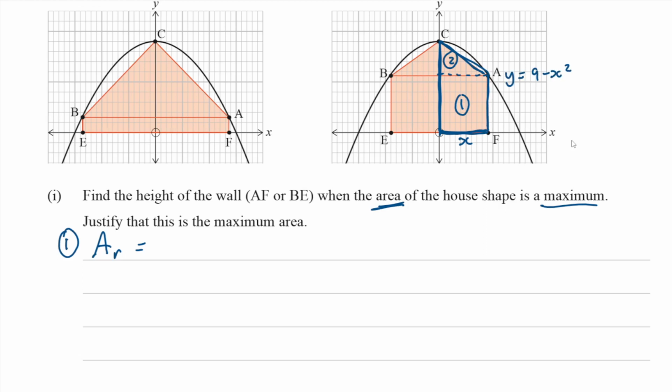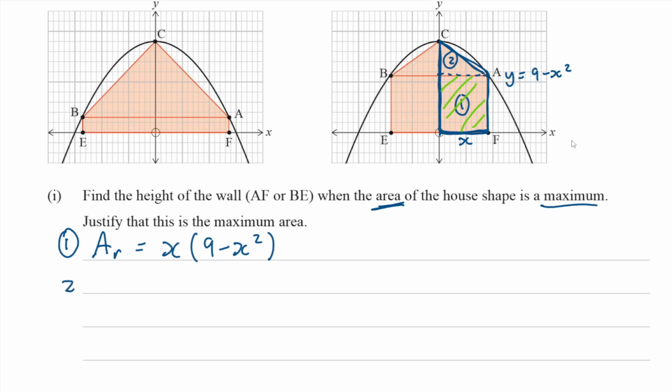As our equation, we could write x times y. However, I'll just skip the step and substitute in 9 minus x squared. The reason we want this is so our area is in terms of one variable. That's the area of that rectangle.